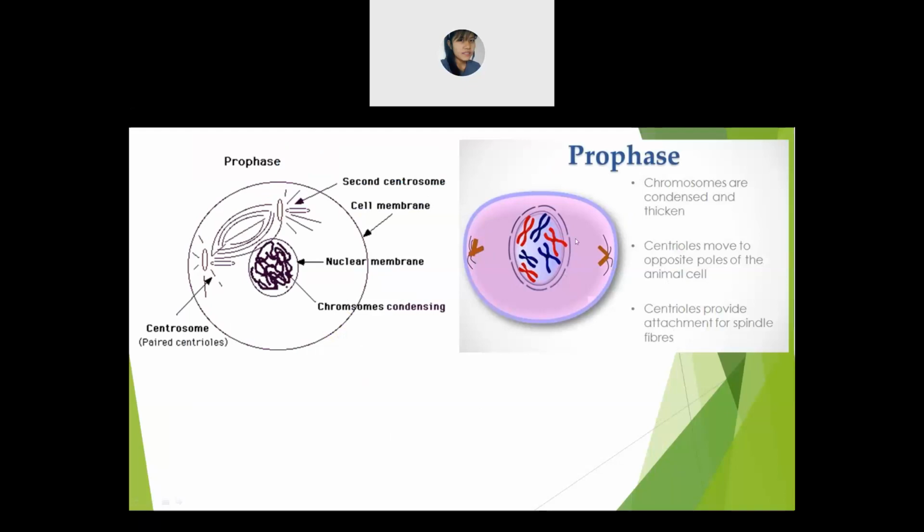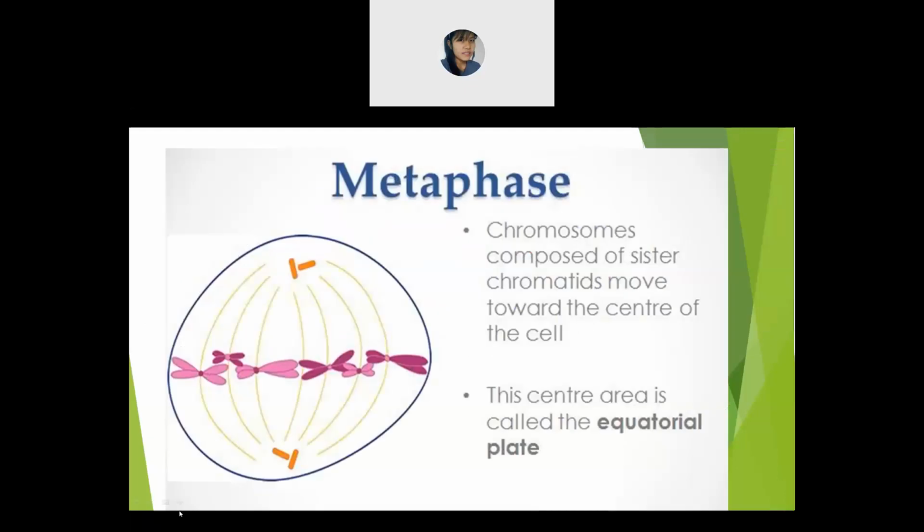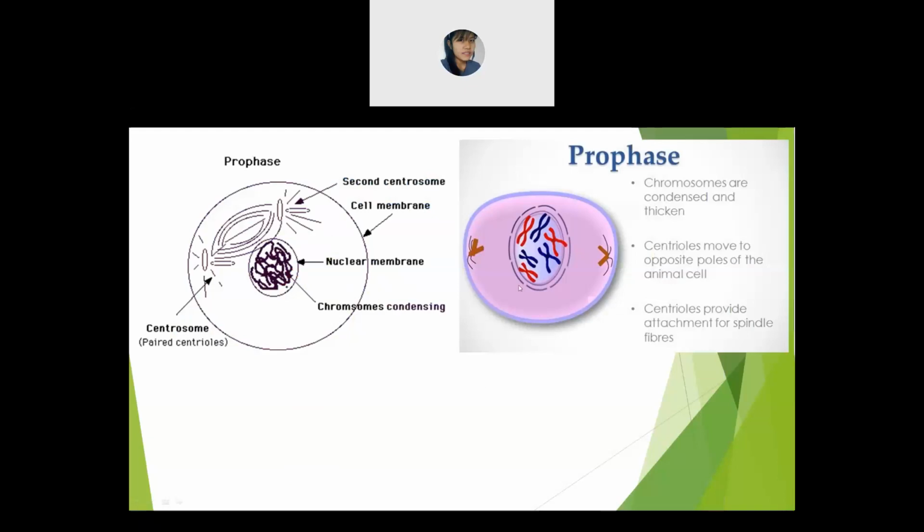And the centrioles provide attachment for spindle fibers. Means in these two centrioles, you will get spindle fibers. Spindle fibers are this one, semicircle type. This is the spindle fibers. Okay, are you clear now about prophase? Yes, ma'am. Okay. And metaphase.